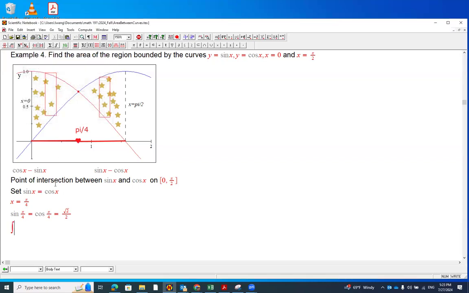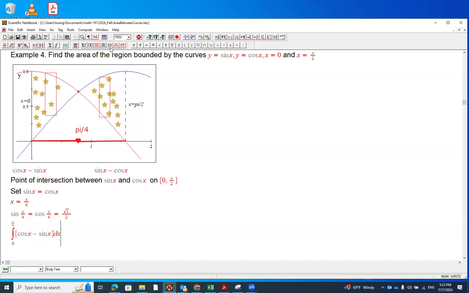From 0 to pi over 4, and the function will be cosine x minus sine x, with respect to x, dx, right? Because the width is dx, delta x here.